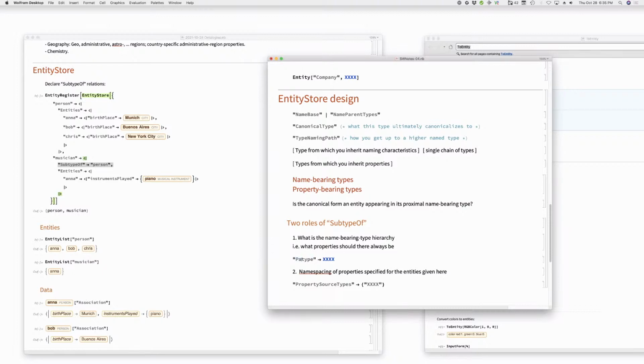Actually, better to call it parent type because you could have, is it a single parent type? You might want to jump different levels. Yes, we could have the weird situation, and I'm trying to think of an example, where we specialize a type into two different ones, and they merge further below. So the only requirement is that we reach one name-bearing type. Well, so we could say name parent types.